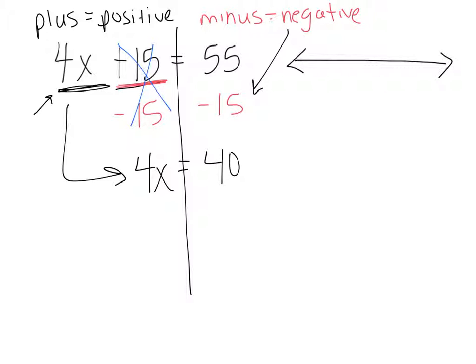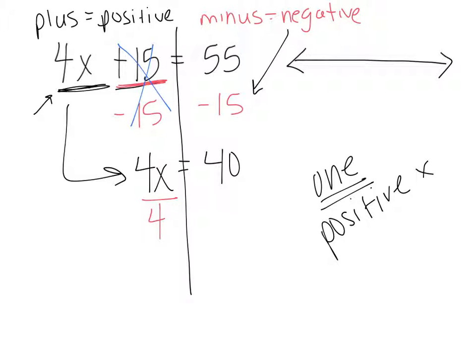Do not stop here. Remember, we always want one positive x value, and I have 4 here. So what I have to do to get rid of multiplication, so remember when a number and letter are right next to each other, it is multiplication, I undo that with division. So I'm going to show divide by 4.